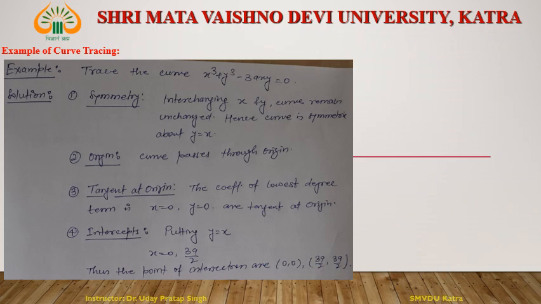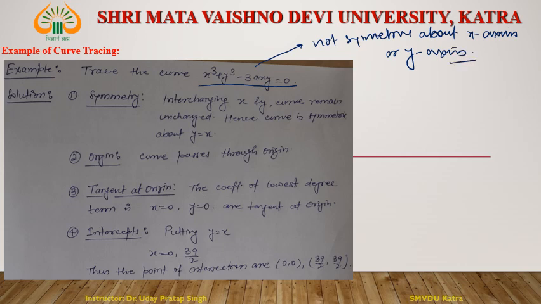Now, see the second example. Trace another curve, x cube plus y cube minus 3axy equal to 0, right? This curve is not symmetric about the x-axis or y-axis.